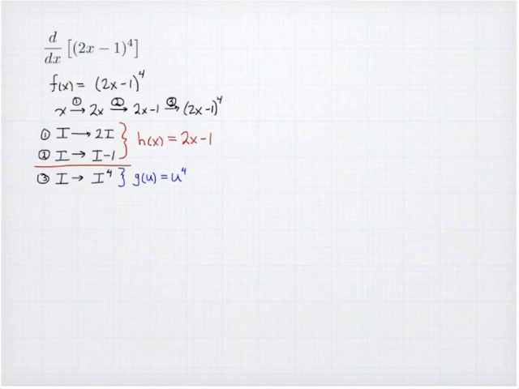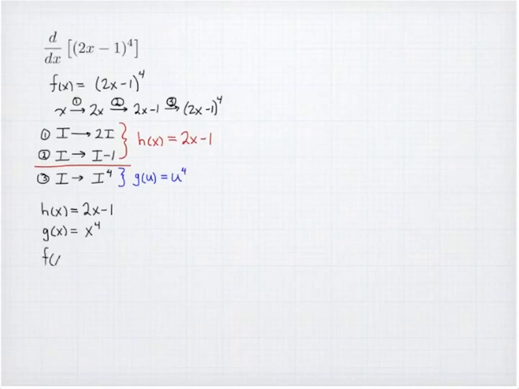And so what I'm thinking of is a chain of functions. h of x takes x and gives an output of 2x minus 1. g takes an input, let's call it x this time, and raises it to the fourth power. Those are my composition functions.